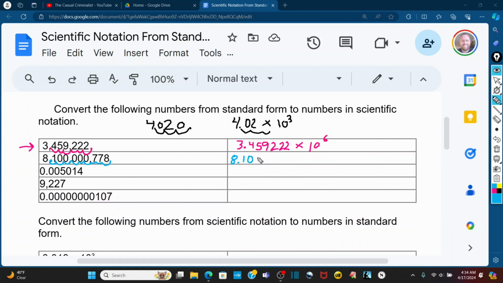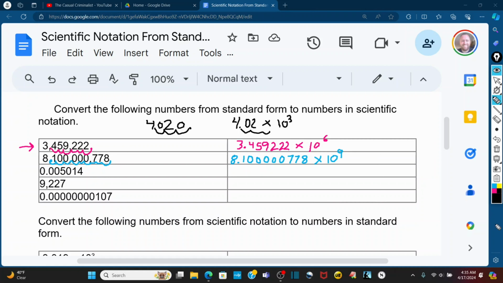So 1, 2, 3, 4, 5, and then 7, 7, 8. And then it's times 10. And the power of 10 is going to be the number of decimal places we move. So we did 1, 2, 3, 4, 5, 6, 7, 8, 9. So 10 to the 9th power, like so.